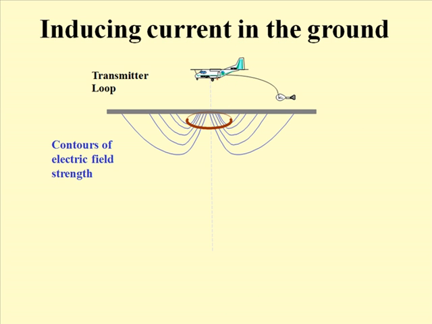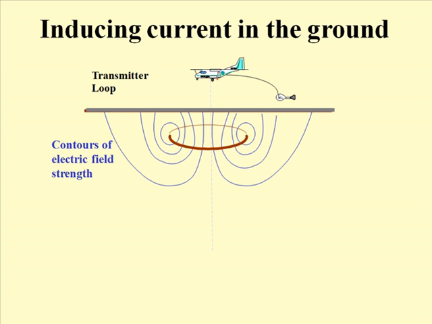So, just to summarize, current in the transmitter loop is switched off, and that induces currents in the ground, quite close to the ground surface, and fairly compact. The decay of these currents induces other currents in the ground that are deeper, as you see on the next slide.